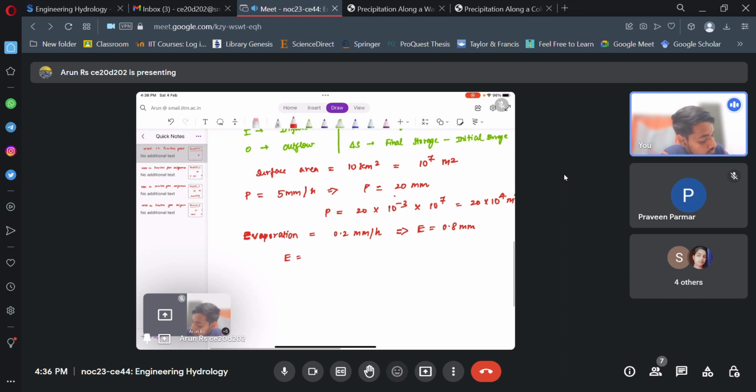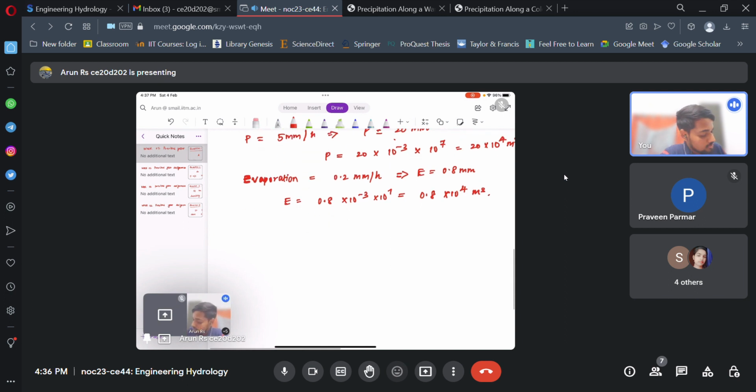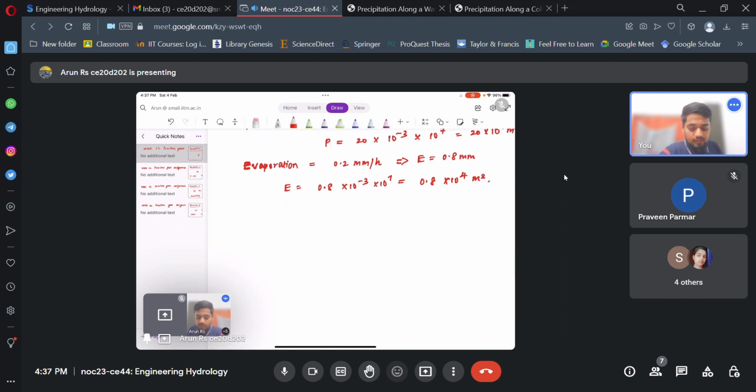So your evaporation in the volumetric term is this much meter cube. And next is your inflow to the reservoir. It is given as 20 meter cube per second.